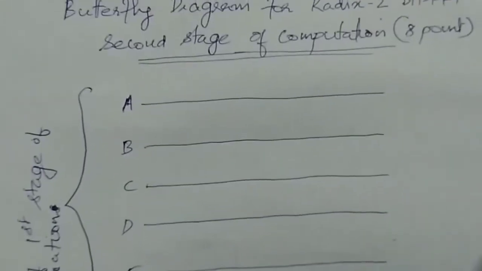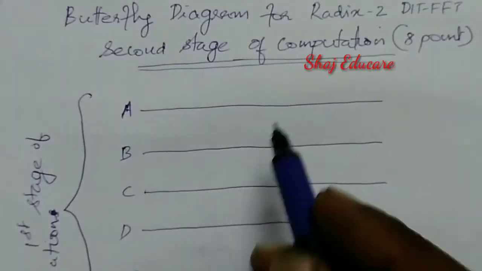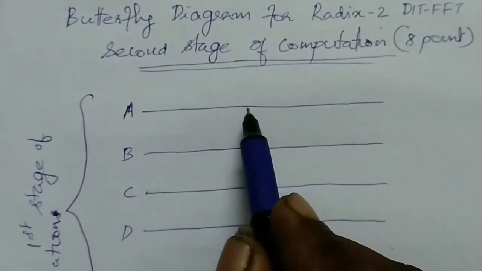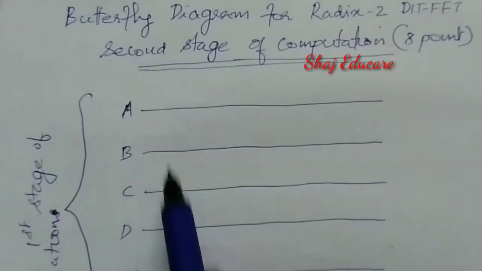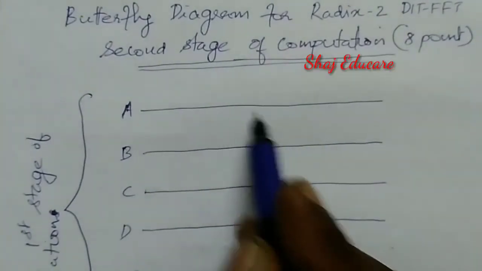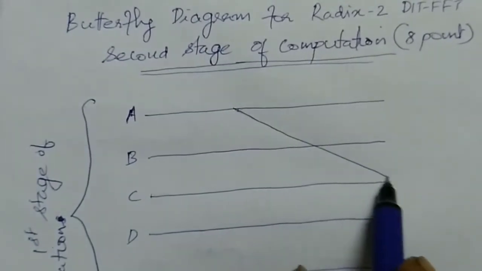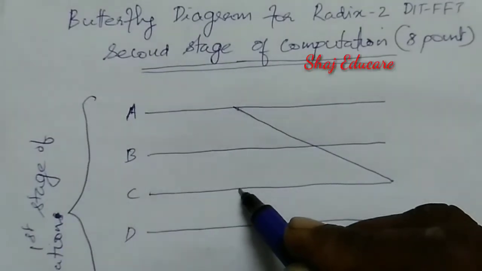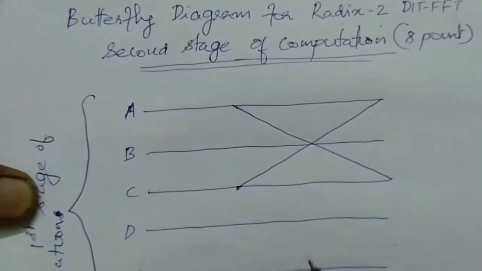So let us draw the signal flow graph for the butterfly diagram. Here we are going to make interconnections from the first line to the third line, and similarly complete the upward connection from the third line to the first line.